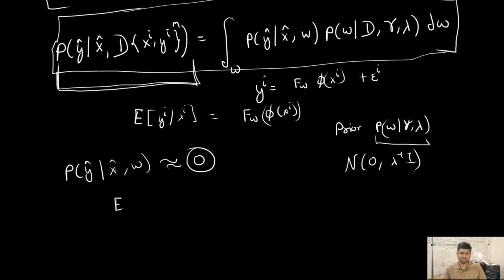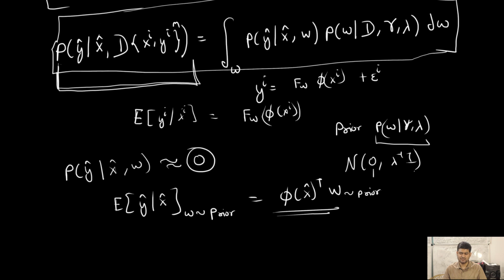Or you can say the expected value of y hat given x hat and the prior distribution of w is phi of x hat transpose times w, where w is drawn from the prior distribution. This prior distribution says that the most plausible value of w is 0. So what is the expected value of y hat given x hat? This would be nothing but 0. So 0 seems to be the most plausible value of y hat.